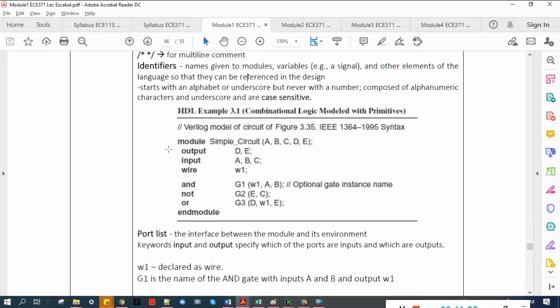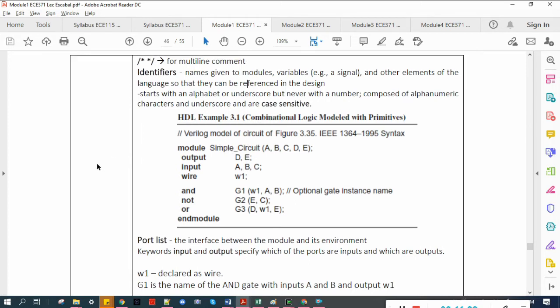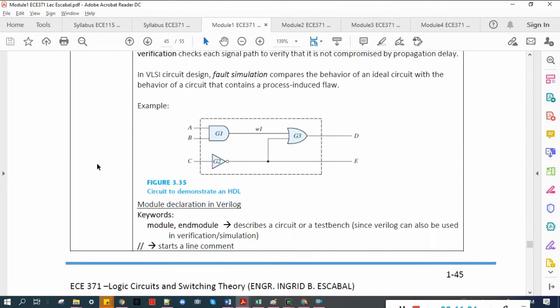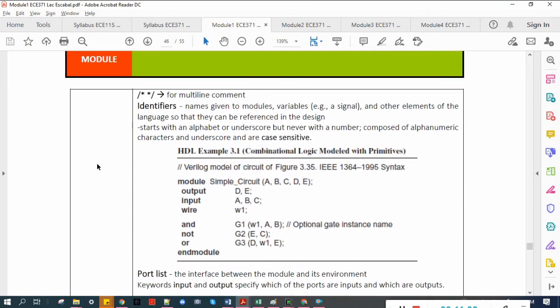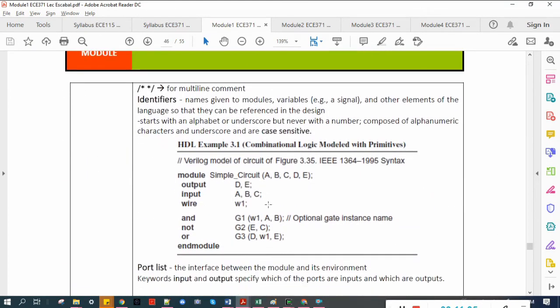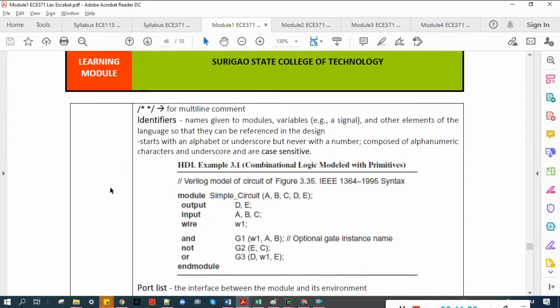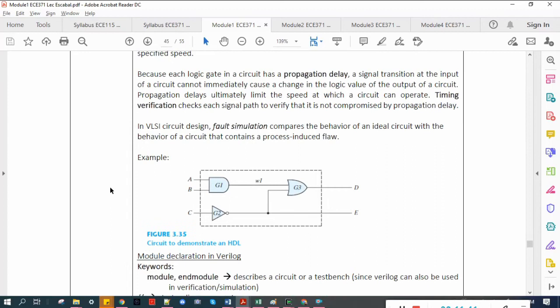The circuit is named simple_circuit. This is the equivalent Verilog code for the circuit that we have here in figure 3.35. From the figure, we know that A, B, C are our inputs and D, E are our outputs.